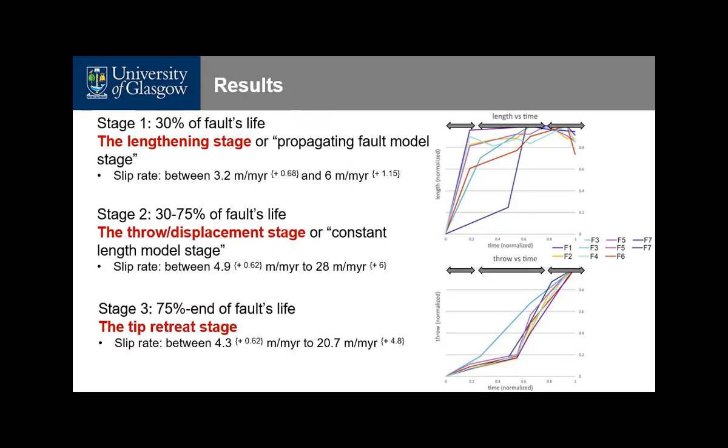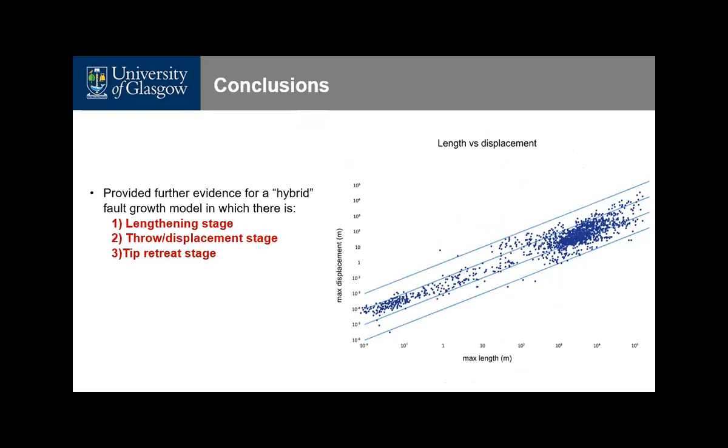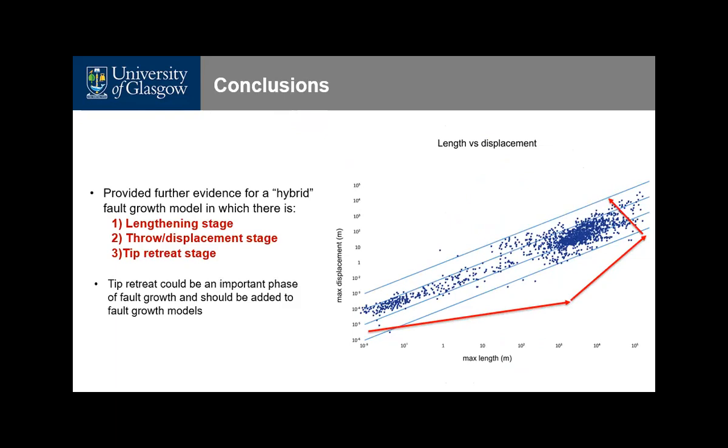And then that fault tip retreat stage where you're still accumulating throw, but just on a smaller portion of the fault. Yes, this is how the fault grew, at least in this case study: lengthening stage, displacement stage, tip retreat stage.